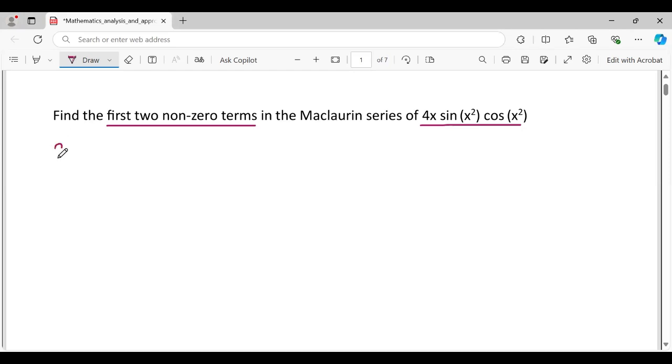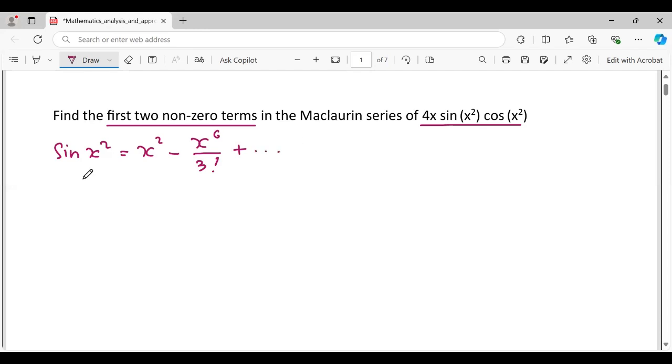The Maclaurin series of sine x squared is x squared minus x to the 6 over 3 factorial. This is just two non-zero terms.